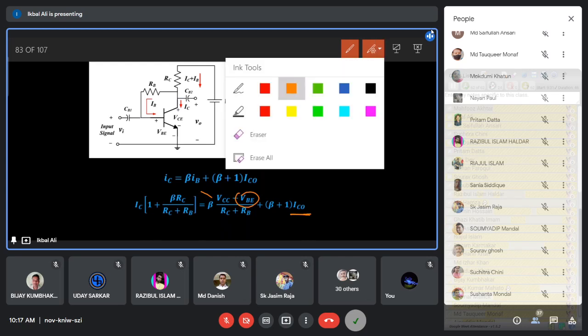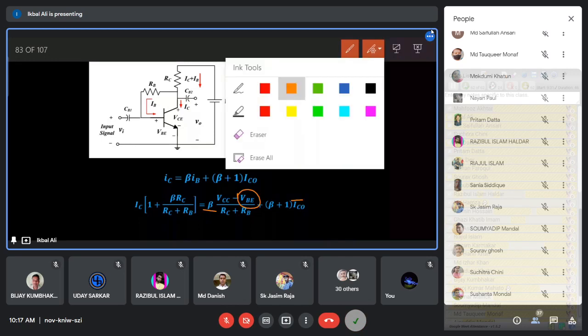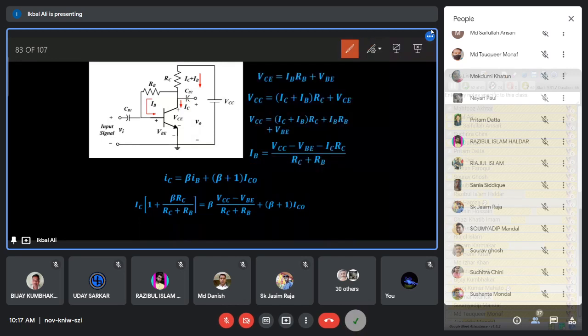For the second stability factor, SVBE, we differentiate this equation with respect to VBE, maintaining ICO and beta as constants. That will give you SVBE. The third one is to differentiate this whole equation by beta, maintaining VBE and ICO as constants. That will give you S beta, or del IC by del beta.